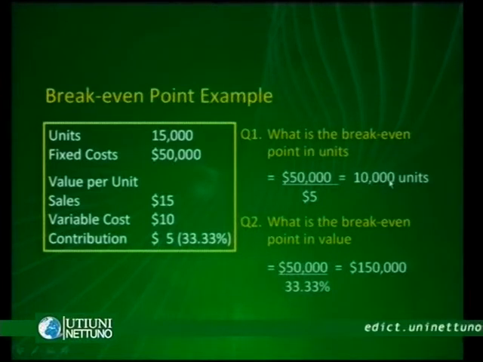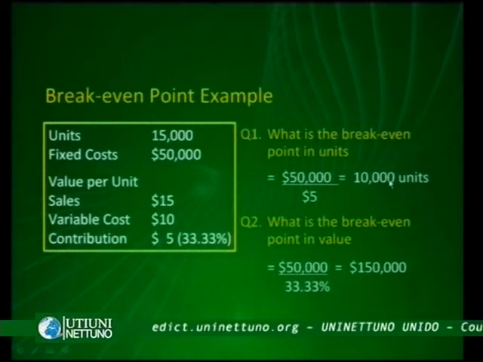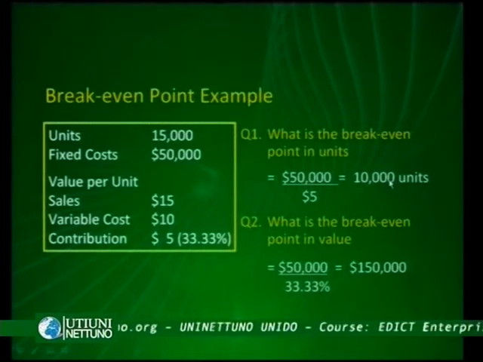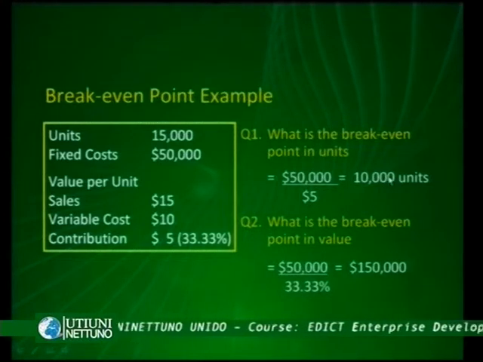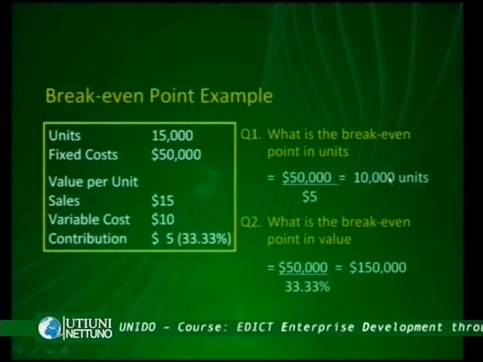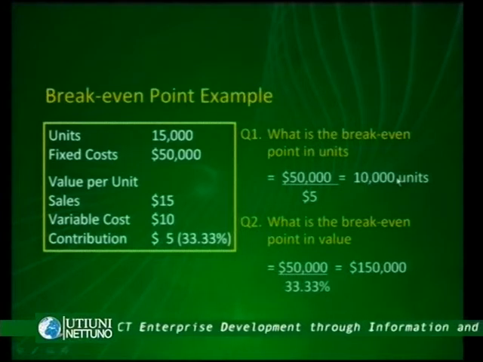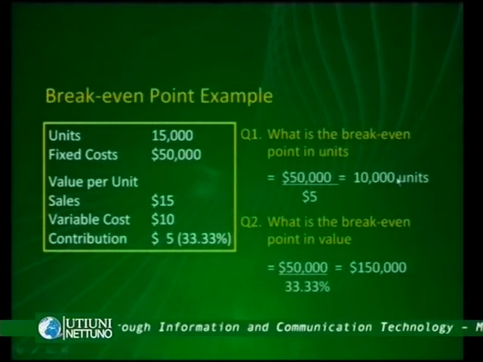Up to that point, you're making losses. So, for example, you might divide that by 12 and figure so many per month, or it might be per week you look at it. But you use that information, that's how many units you need to sell each year to make money beyond that point. It tells you what the break-even point in units is.